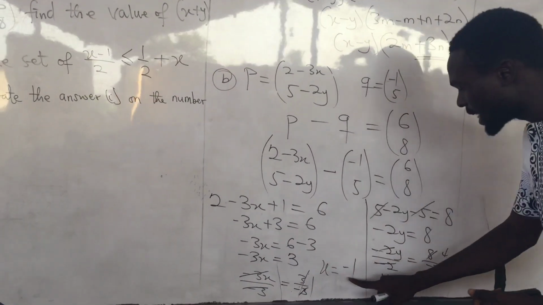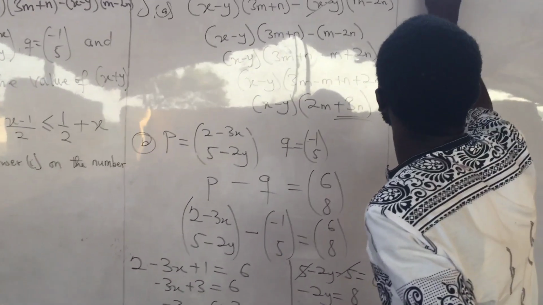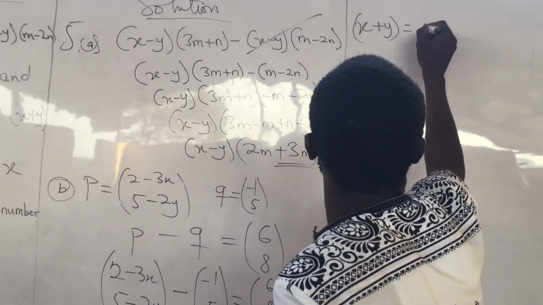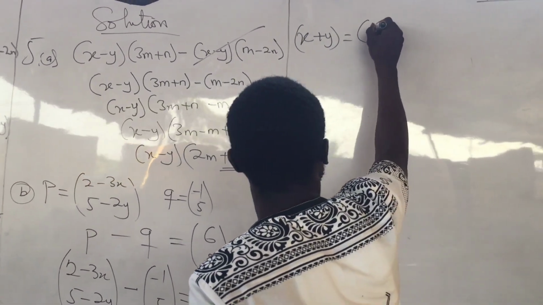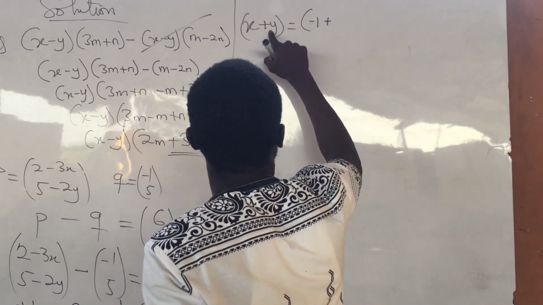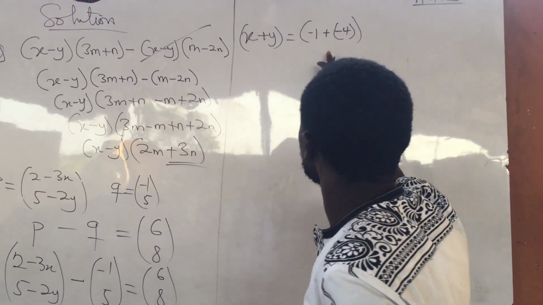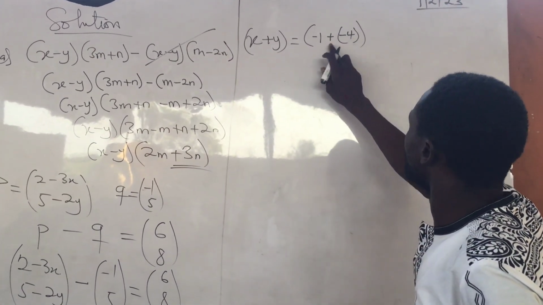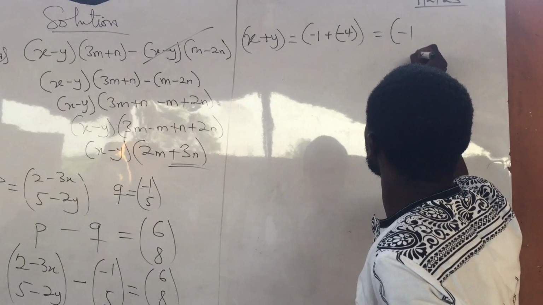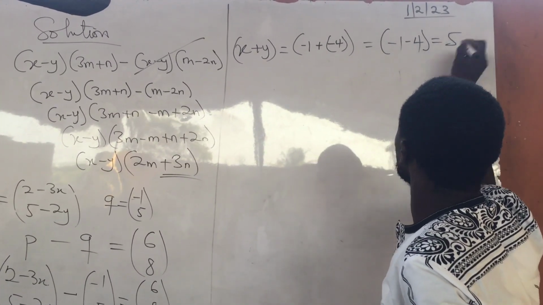So if x is negative 1 and y is negative 4, then x plus y is going to give us negative 1, which is the x value, plus y, which is negative 4. So let's put it in a bracket. When negative and positive meet, we are going to get negative 1 minus 4, which is going to give you 5.